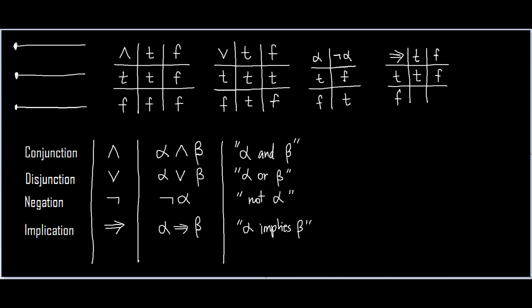Okay, now what about the scenario when alpha is false and beta is true? When alpha is false, we already are not violating anything, because the statement tells us if alpha was true, then something should have happened. But if alpha is false, then there's no way that will be violated, because alpha is false, so it will never be true.